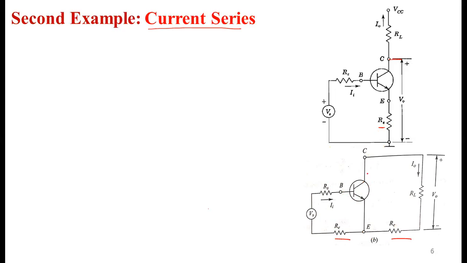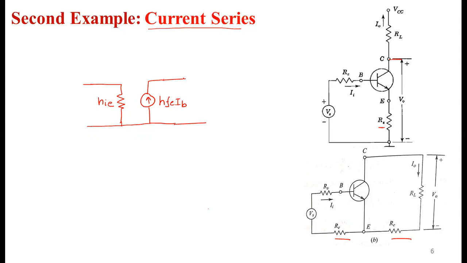First of all, we have to draw the H or hybrid model for the BJT. So here we have the H parameters for the BJT. This is HIE, and here we have HFE IB.